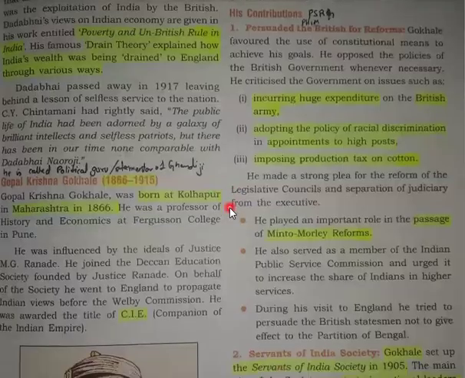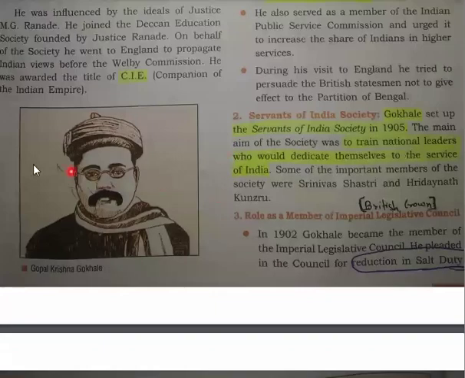Then we have Servants of India Society, this was what he created. Gokhale set up the Servants of India Society in 1905.